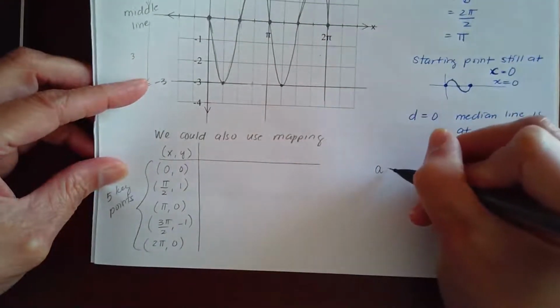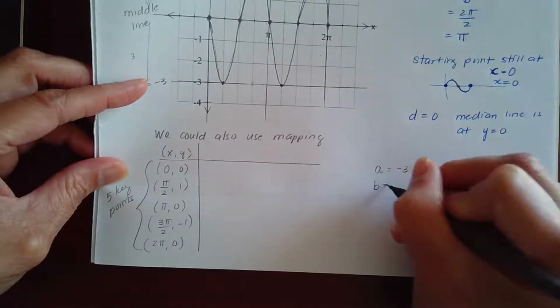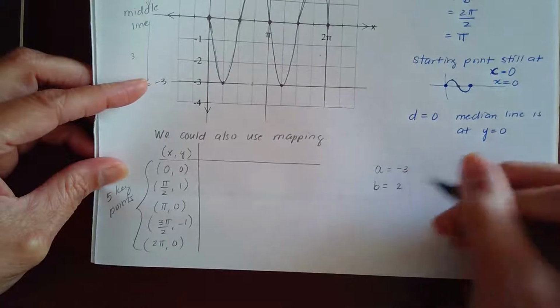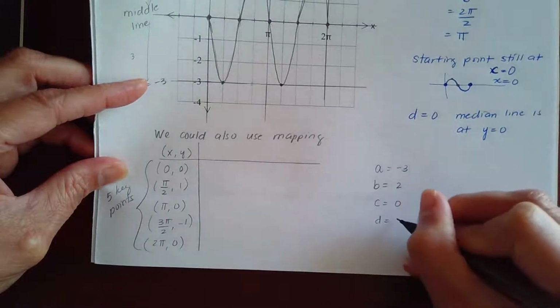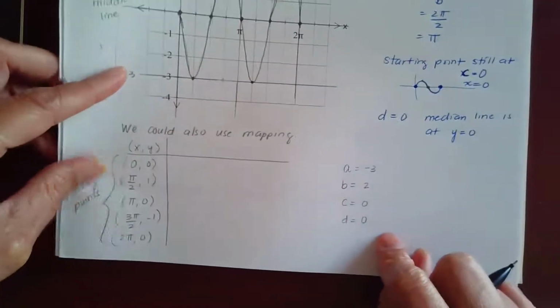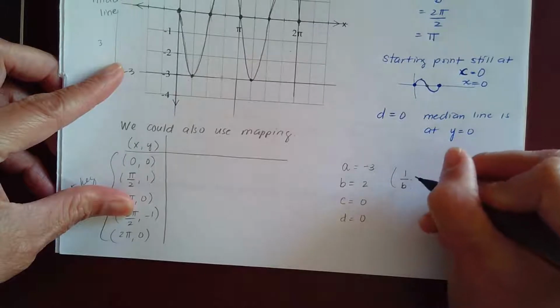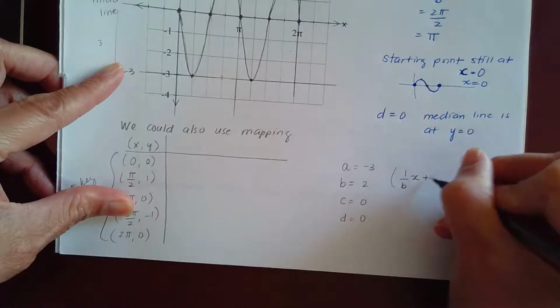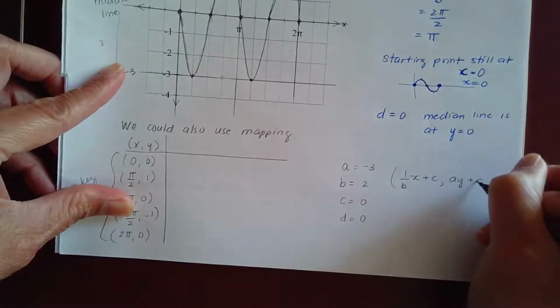So A is equal to negative 3. B is equal to 2. C is equal to 0. D is equal to 0. So if we do the mapping, it would be 1 over B times X plus C, comma, A times Y plus D.